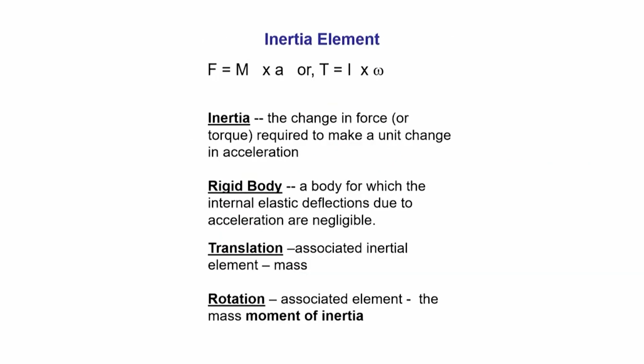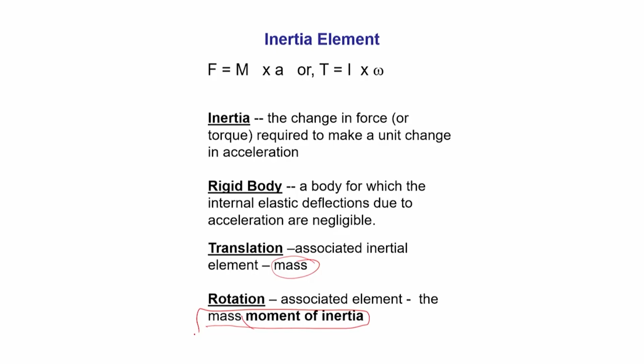So, we have the spring as one element of a dynamic structure, and the damper as another important element. Finally, last but not least is the inertia element. Colloquially we say it is the mass, but it is not exactly the mass; it is something related to the acceleration. If it is related to translational acceleration, then it is related to the mass, and if it is related to rotational acceleration, then it is related to the mass moment of inertia.